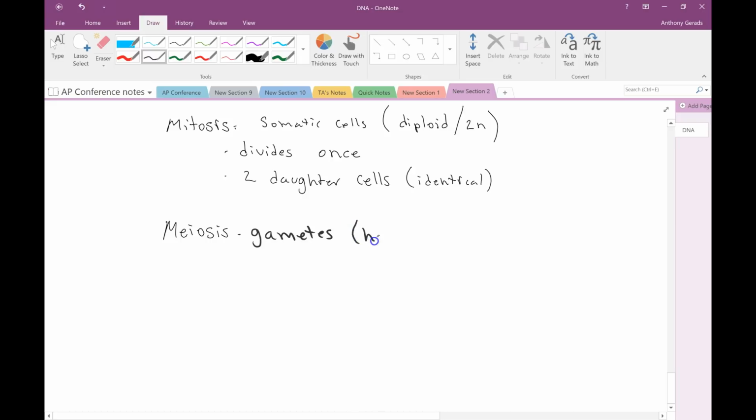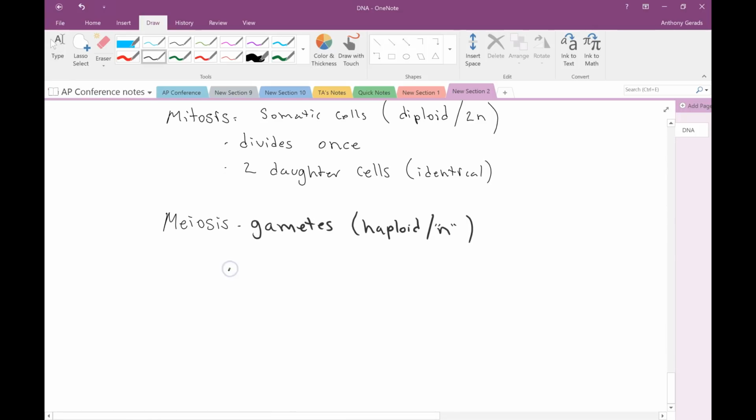And those gametes are haploid, meaning they've only got 1 copy of each chromosome. All of our somatic cells have 2 copies, 1 from mom, 1 from dad, for a total of 46. In our gametes, we've only got 1 copy for a total of 23 chromosomes, because those gametes are eventually going to combine with another gamete, so that's why we don't want 2 copies in there. In meiosis, it undergoes 2 divisions, so it divides twice.